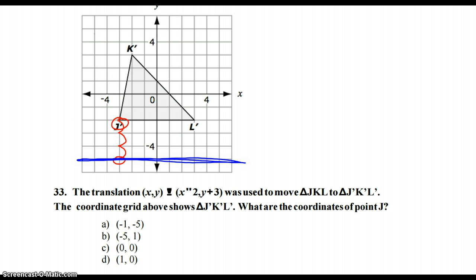And there's only one answer that gives you down 5 as a coordinate. It's this one. So apparently the original position of J was at -1, -5, which is right here. So it looks like they subtracted 2 from x, and then added 3 to move this up to where it was in the translation. So kind of a goofy one there. Like I said, I don't know if it was a typo, but we have enough information to select A for the answer.